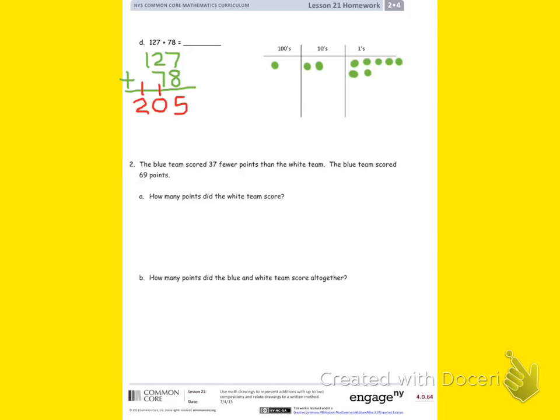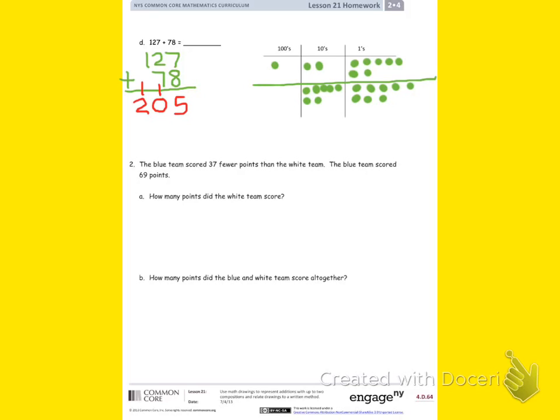And now I will draw a line to separate my add-ins. It's not required, but it's something I like to do. 78 has 8 in the ones. 1, 2, 3, 4, 5, 6, 7, 8, and 7 tens. 1, 2, 3, 4, 5, 6, 7.